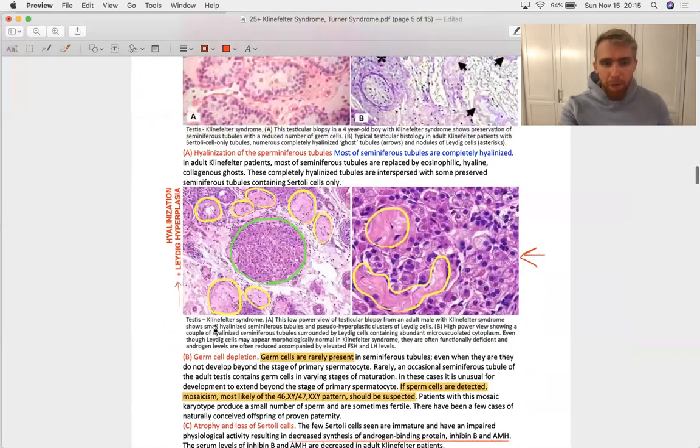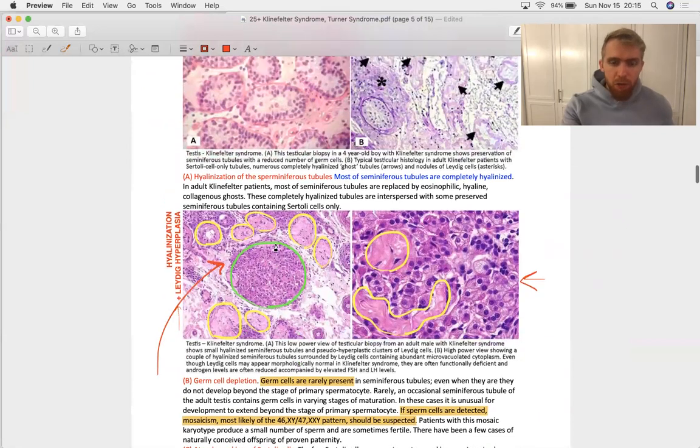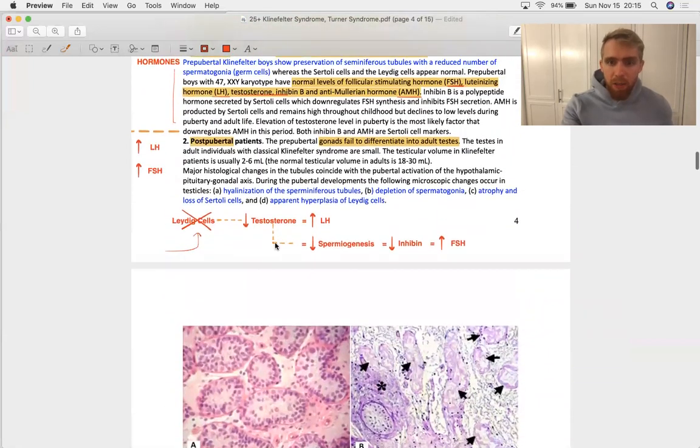You can still obviously see a large degree of Leydig cell hyperplasia right here that I've circled in green in this lower left photo. So the Leydig cells are there, but they're just not functioning correctly because of the androgen insensitivity. So if these Leydig cells aren't functioning, they're not making as much testosterone, because these are the cells in men that produce testosterone.